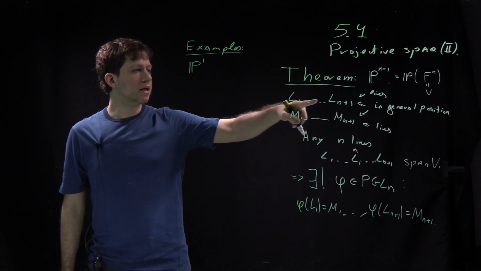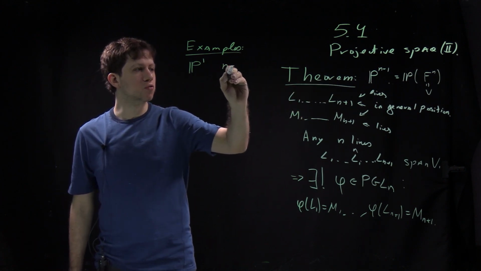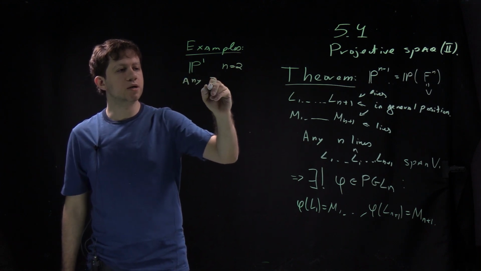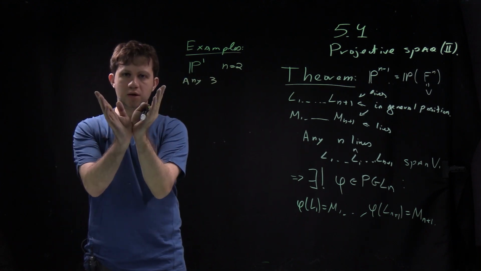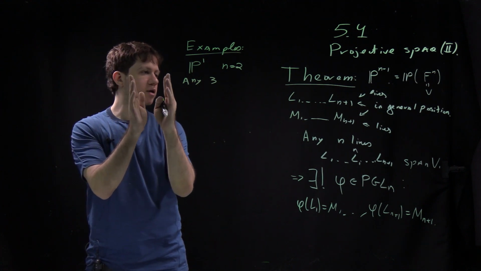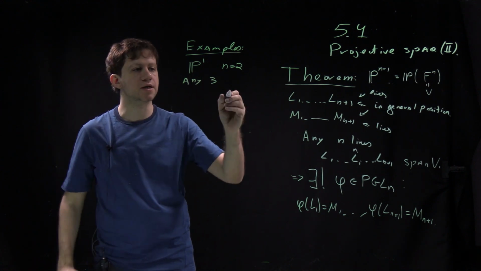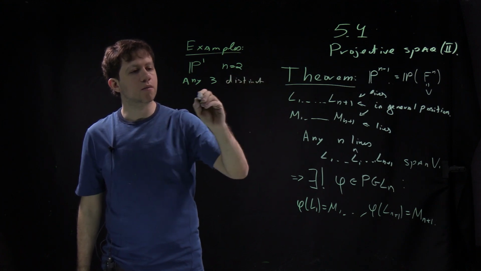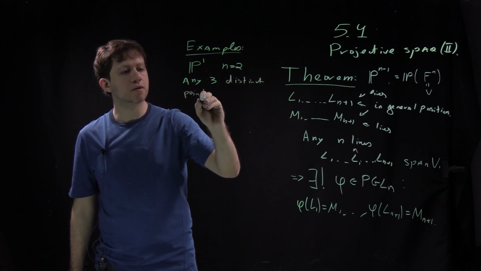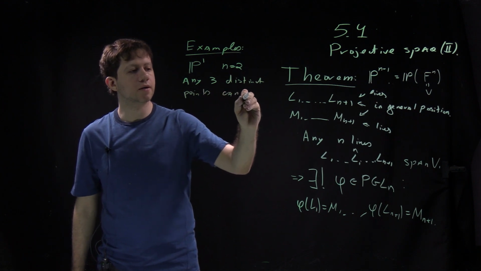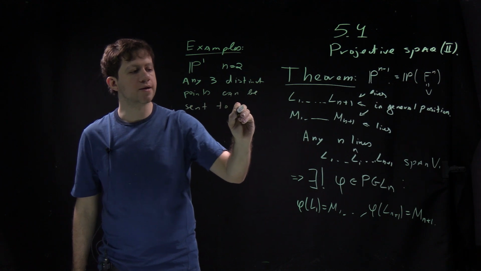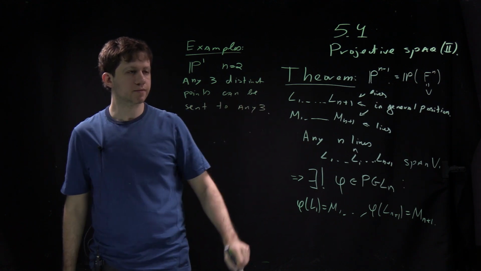So here n is equal to 2, and lines in 2-dimensional space, when they are distinct, span it, so any 3 distinct points can be sent to any 3.